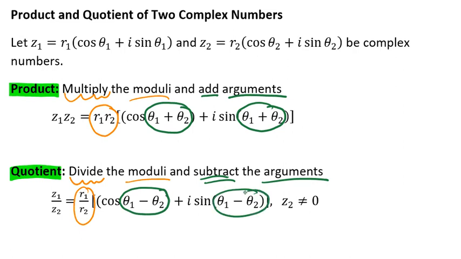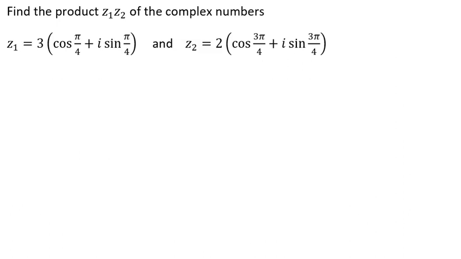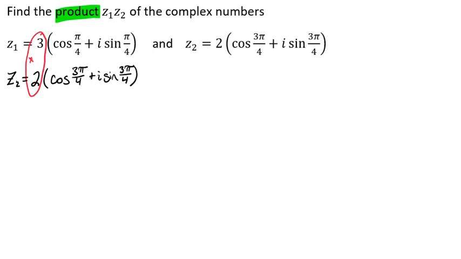So let's go ahead and look at an example together. So here we're going to find the product of these complex numbers. It looks really hard and confusing, but it's a lot easier if you stack your z's. So if we stack them, we're simply multiplying our r's, and then notice that my thetas are the same on each of the z's.